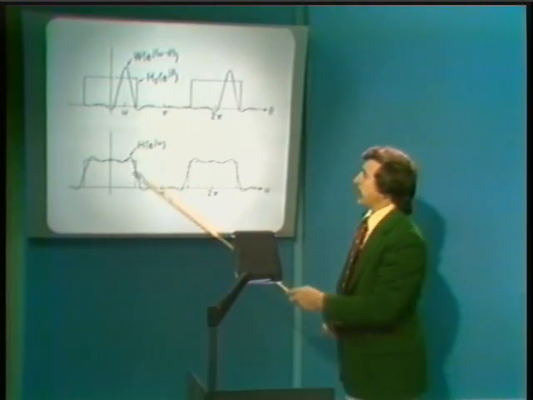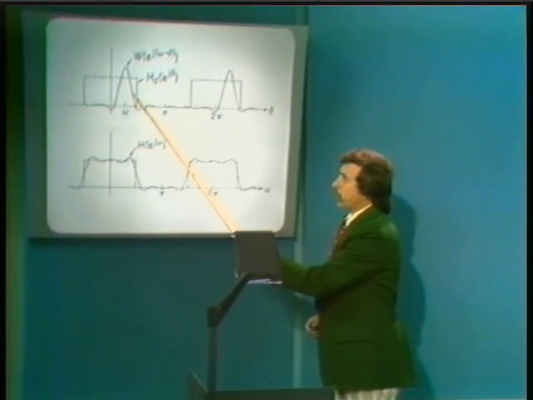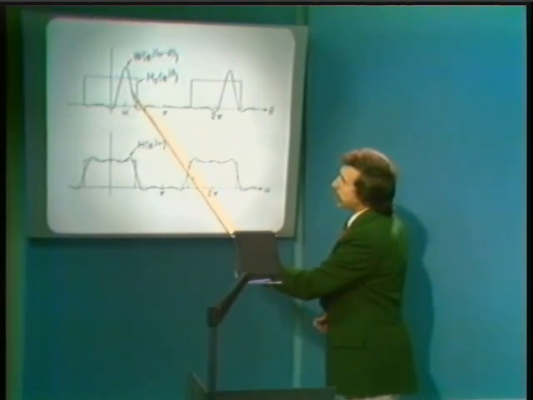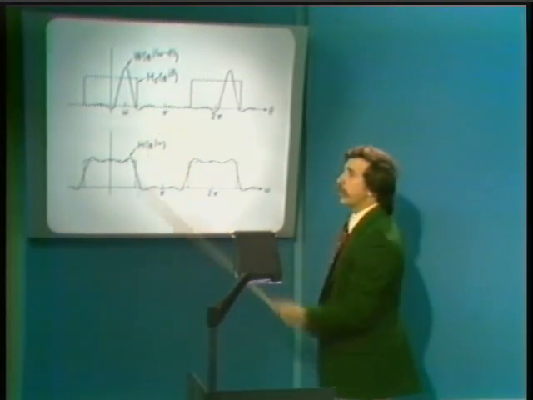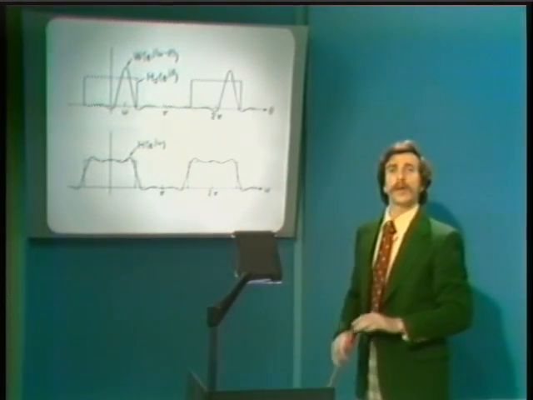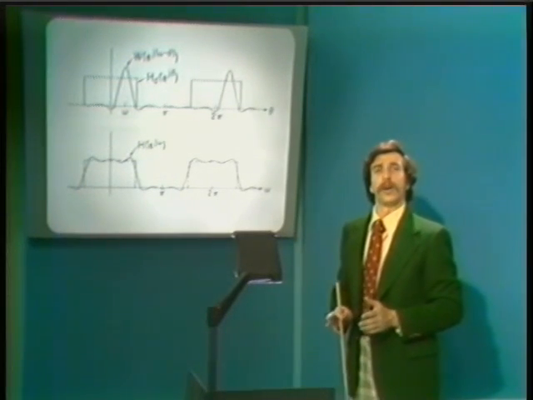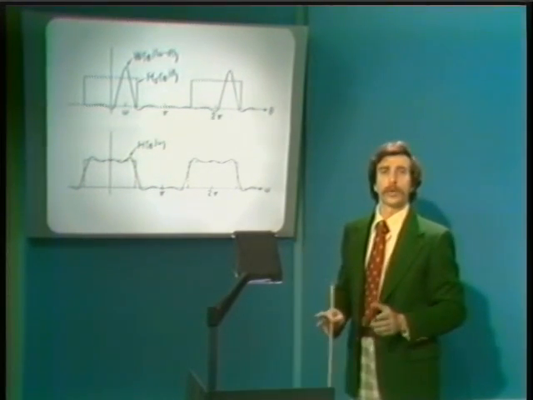And as I think your intuition should agree with by now, generally an attempt to make this function narrower in frequency will have the general effect of making the window longer in time.